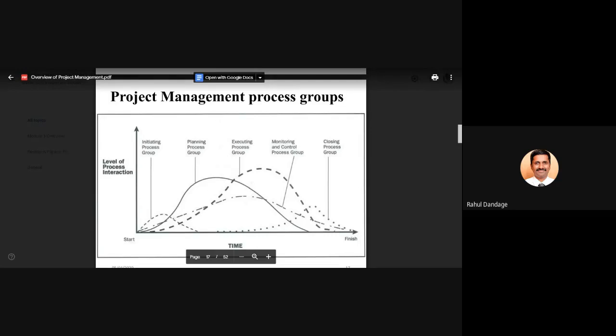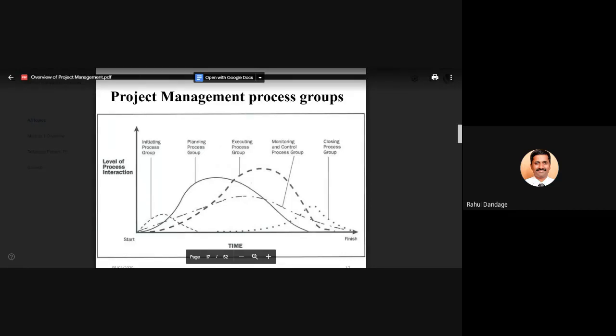We will be trying to discuss and study them with respect to the fifth edition of this project management body of knowledge, published by the Project Management Institute, that is PMI.